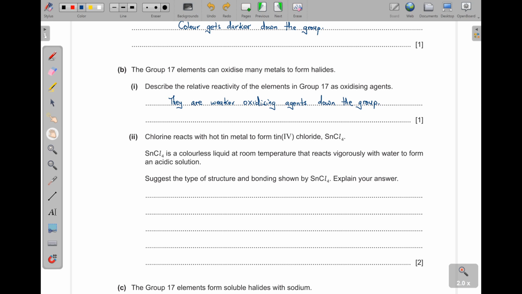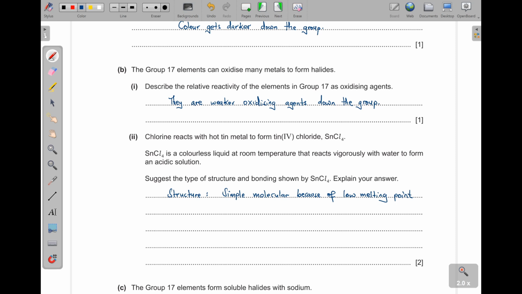So compounds that have low melting points cannot be ionic compounds. They have to be covalent compounds. So we shall say that the structure is simple molecular. Then the explanation: because of low melting point.